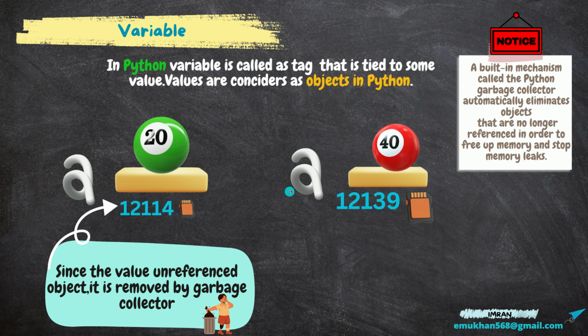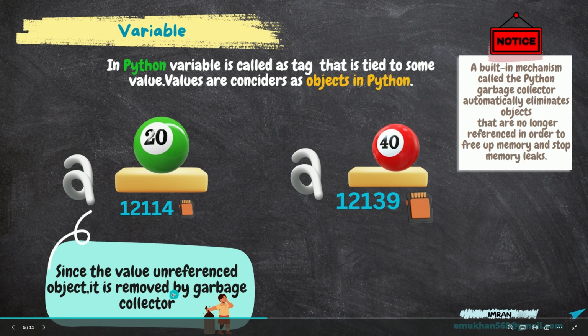I mean, the value of a will be 40, not 20. What will happen to the previous value, 20? Since it is an unreferenced object, it is removed by the garbage collector.